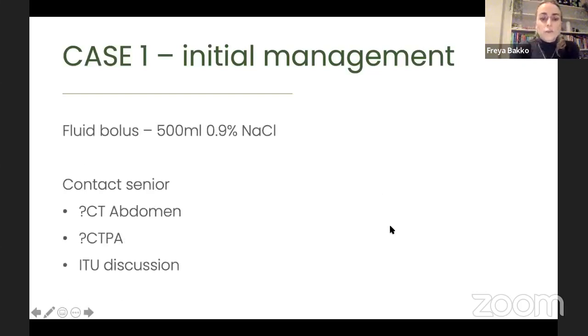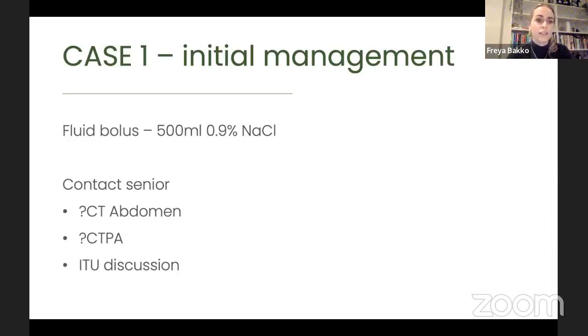So hopefully you've already contacted your senior. The question you want to ask is to confirm how they want you to initially resuscitate the patient. And usually this will be, in hypotension, a bolus of 500 millilitres of normal saline. There's no adverse effects of this in a young woman, and if there's any bleeding, this patient will need resuscitation before going to surgery.